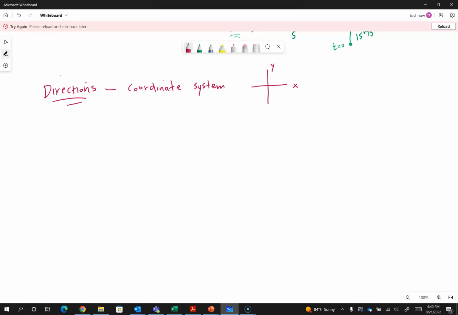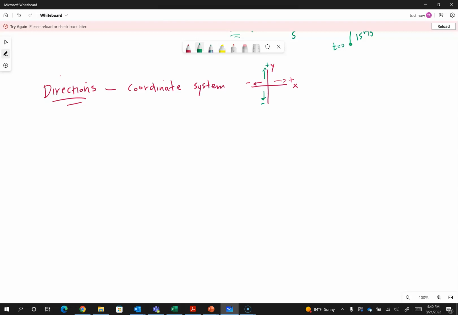Since we're doing pretty much everything in 2 dimensions throughout the semester, I'm just going to use, for now, a traditional Cartesian coordinate system where x is horizontal, y is vertical. And I'm going to define it the same way we always do. To the right of the origin means positive x. To the left of the origin means negative x. Up means positive y. Down means negative y.